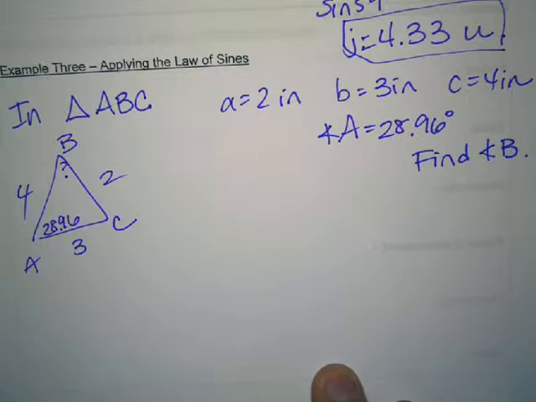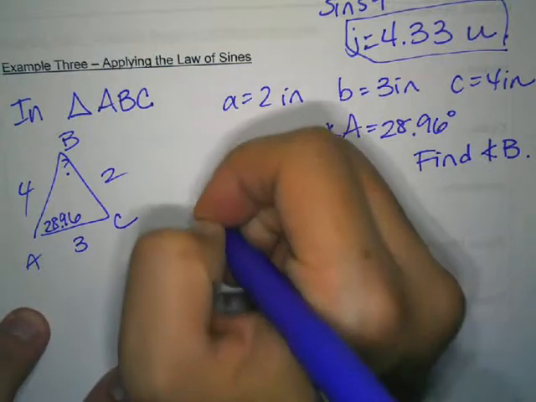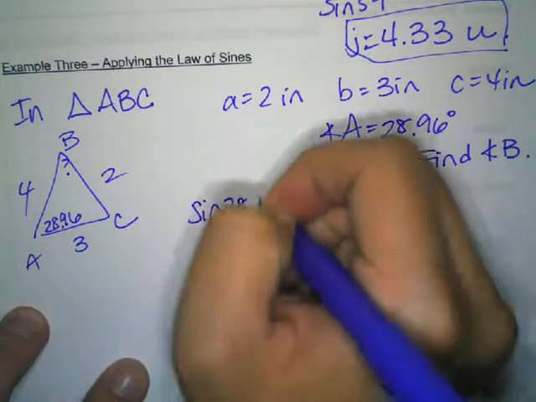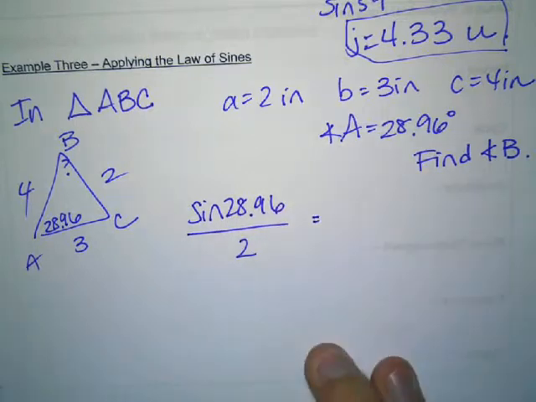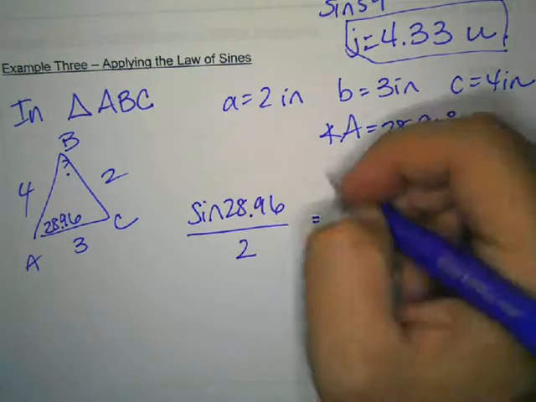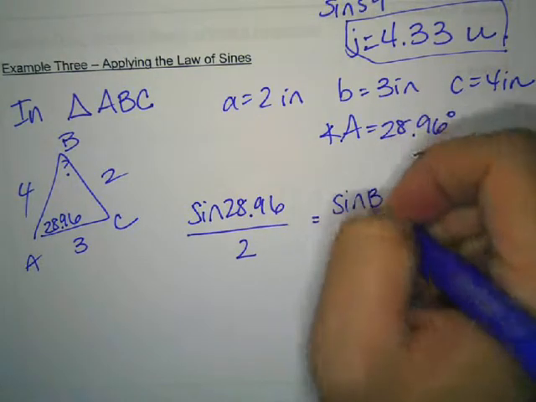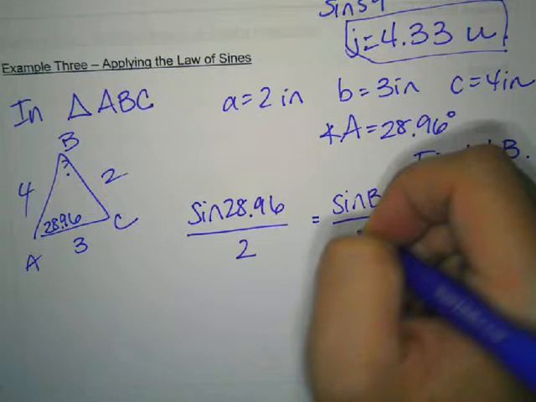Michaela, what is my pairing for this one? A. Good. So I'm going to start with sine of 28.96 over 2. And I want to find angle B. So it'll be sine of B over what? Over 3. Good, because that's side B.